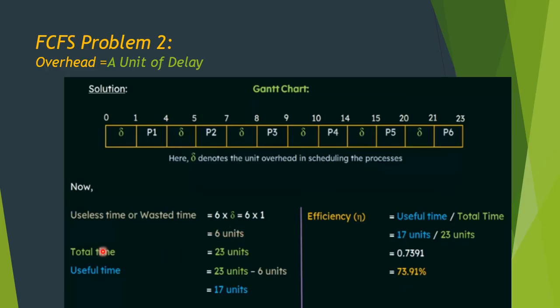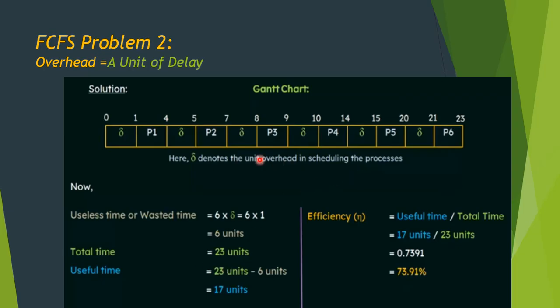Now, the total time that we have overall is 23. That's in addition to all these other wasted times that we have there. So the useful time that the CPU is able to use would be the total time minus the wasted time, which is 6, giving us 17 units, which means this whole work should have been done within 17 milliseconds.